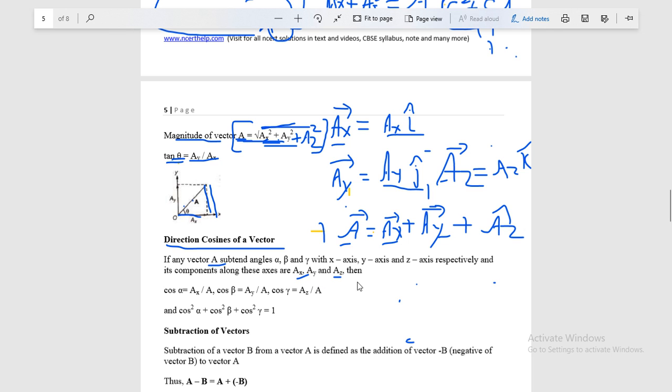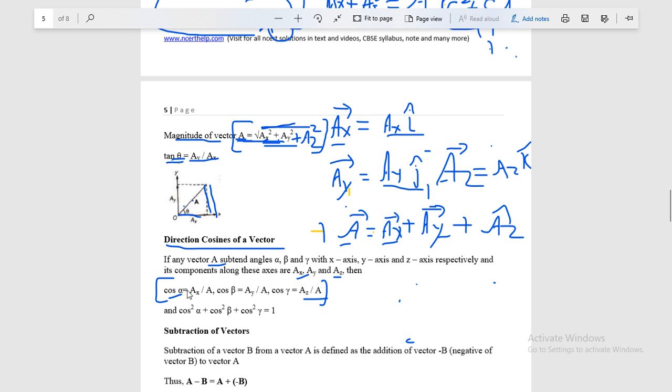Then it is found that cos alpha is ax upon a, cos beta is equal to ay upon a, and cos gamma is equal to az upon a. This you can calculate from the diagram.